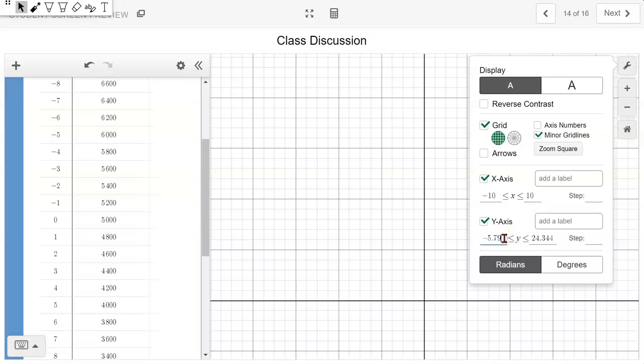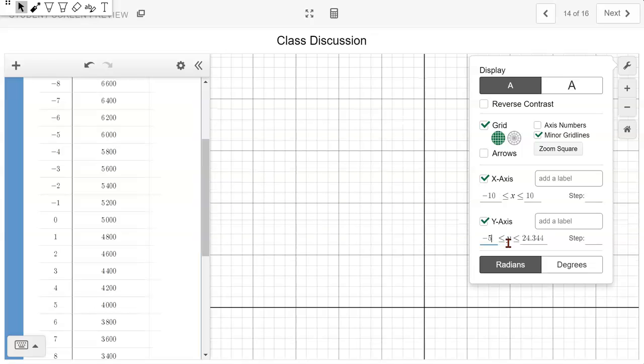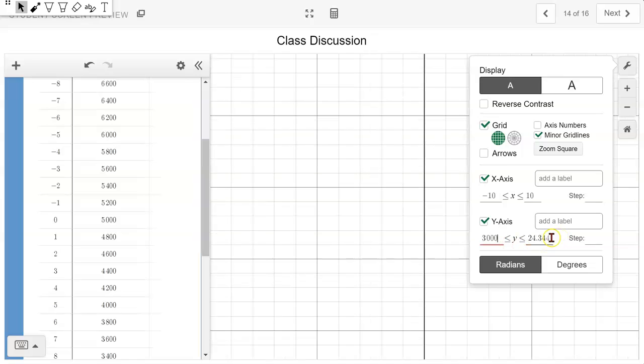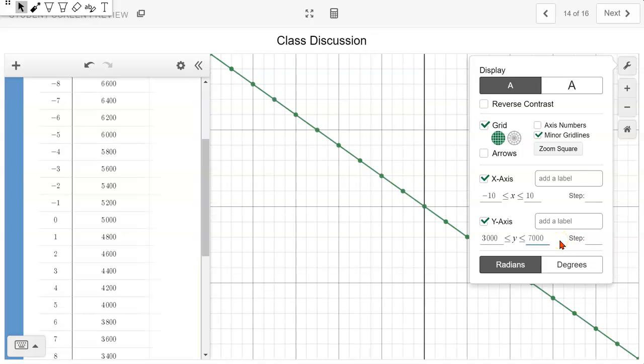And then let's change our y-axis. That's the reason why we ask you to get the smallest and the highest for you to change this. So smallest is 3,000 and highest is 7,000. So change it to 7,000 and you will see the graph.